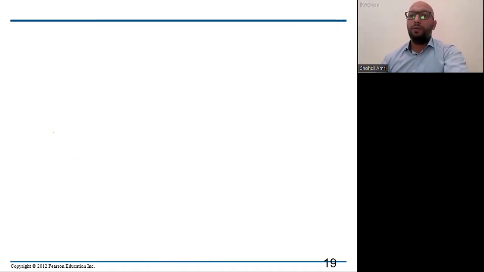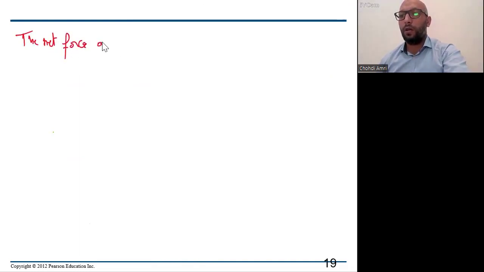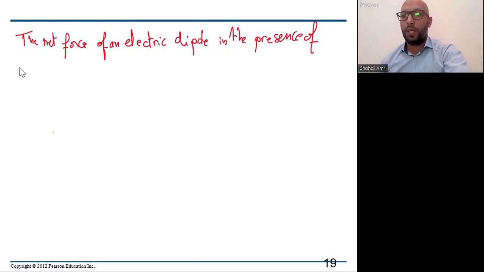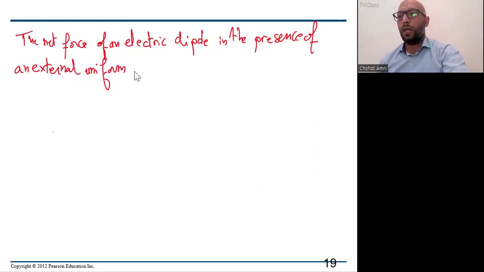Okay. The net force of an electric dipole in the presence of an external uniform electric field is 0.